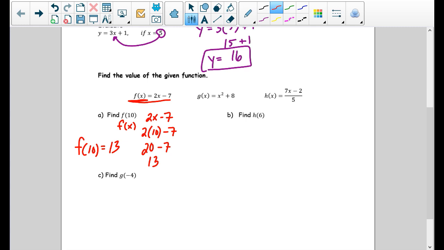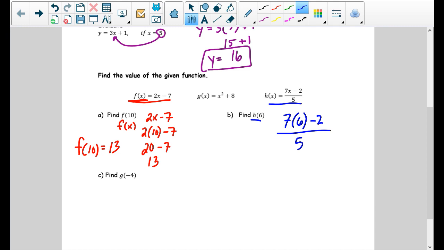So in letter B, we're looking at h function, plug in the 6. So looking at our h function here, 7x minus 2 over 5. And again, you don't necessarily have to rewrite it. You can put the 6 in there. So 7 times 6 minus 2, all of that divided by 5. Again, big fraction.